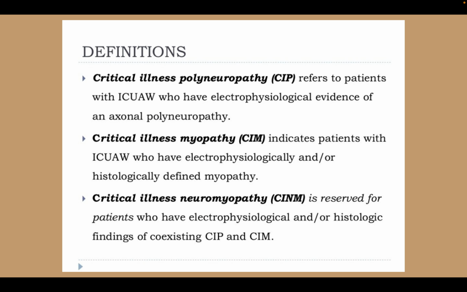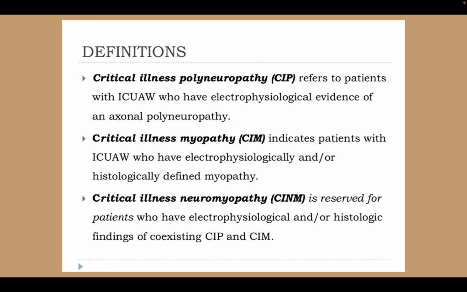As far as the recent definition, critical illness polyneuropathy or CIP refers to patients with ICU acquired weakness who have electrophysiological evidence of axonal polyneuropathy. This is important. Whereas CIM, that is myopathy, indicates patients with ICU acquired weakness who have electrophysiologically or histologically defined myopathy.